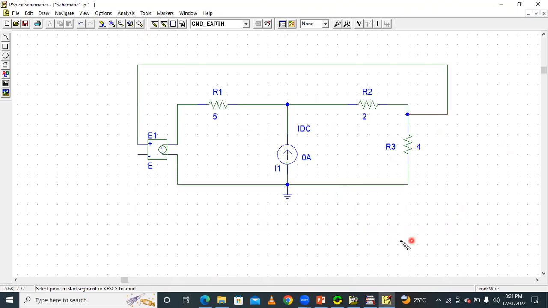Here we have to connect positive like this, and similarly negative, in parallel to the 4 ohm resistor, just like connecting a voltmeter.